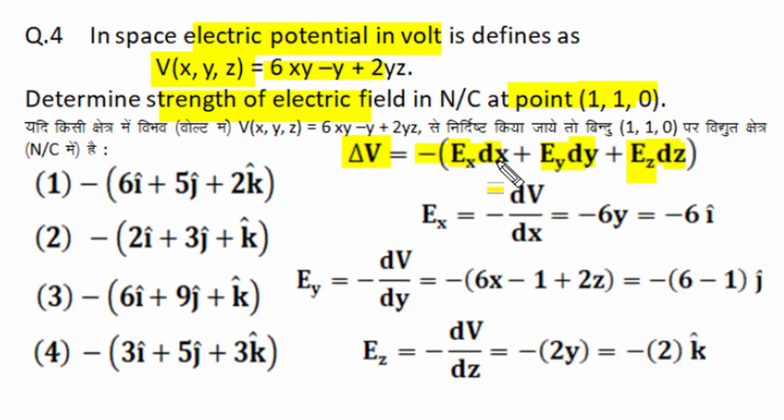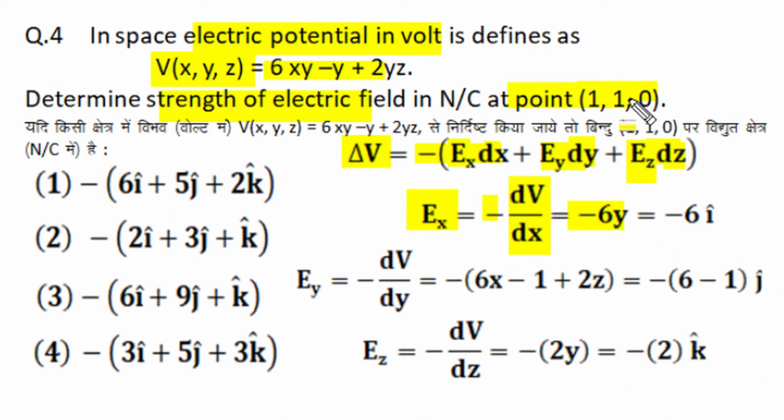So if displacement is only in the x direction, and we take the partial derivative of potential with respect to x displacement, then the negation of that becomes the electric field in the x direction. As the potential is 6xy minus y plus 2yz, when this is differentiated with respect to x, keeping y and z constant, 6y being constant comes out, and x differentiated with x gives 1. So the first term becomes 6y, with the negative sign minus 6y, and the other terms are constant, so their partial derivative becomes 0.